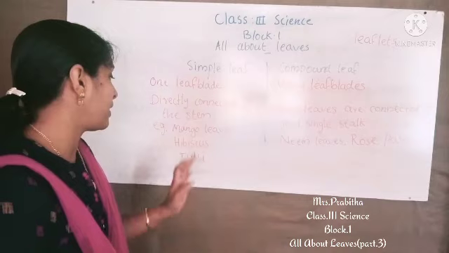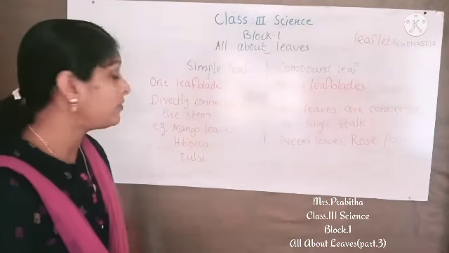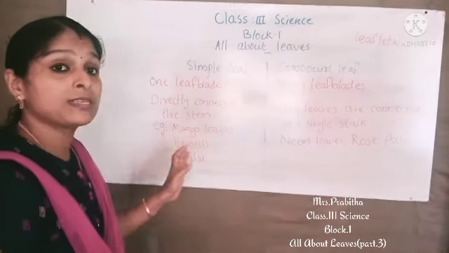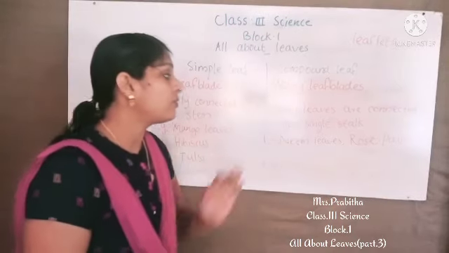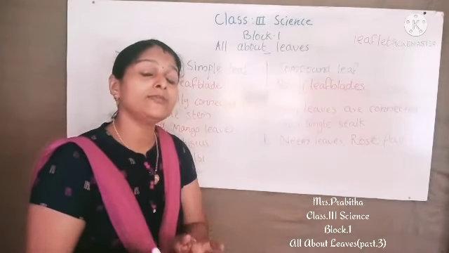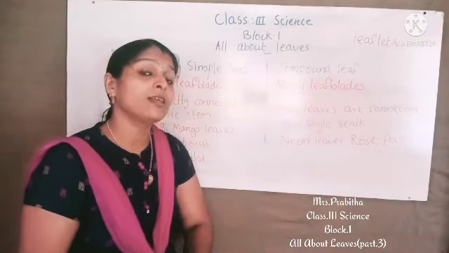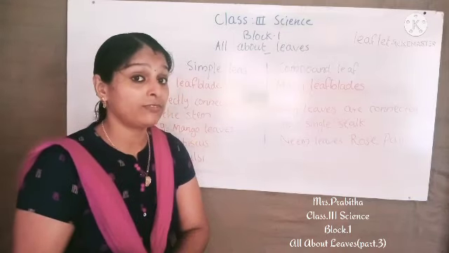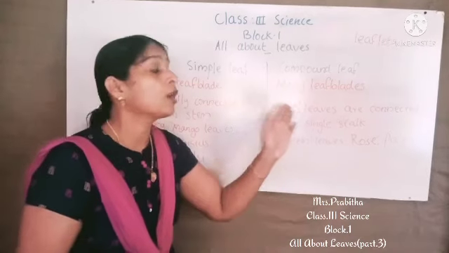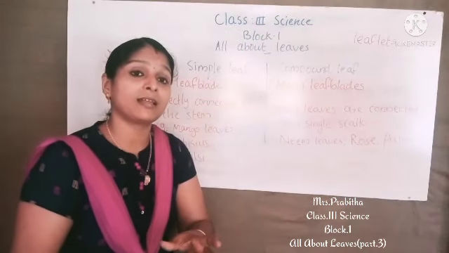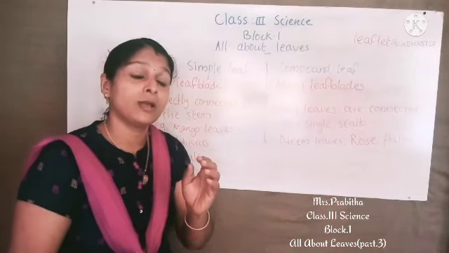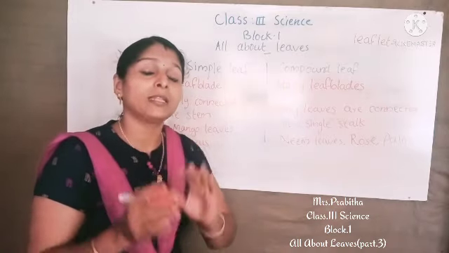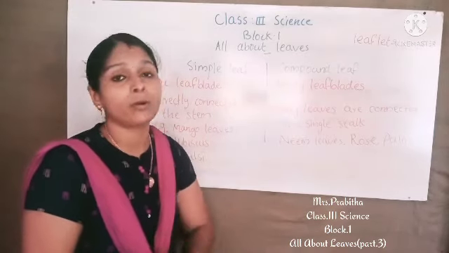Examples for simple leaf: mango leaves, hibiscus and tulasi. Examples for compound leaves: neem leaves, rose plant leaves, and another example is palm leaves, curry leaves. All are examples for compound leaf. Plants that have more leaf blades are examples for compound leaf.